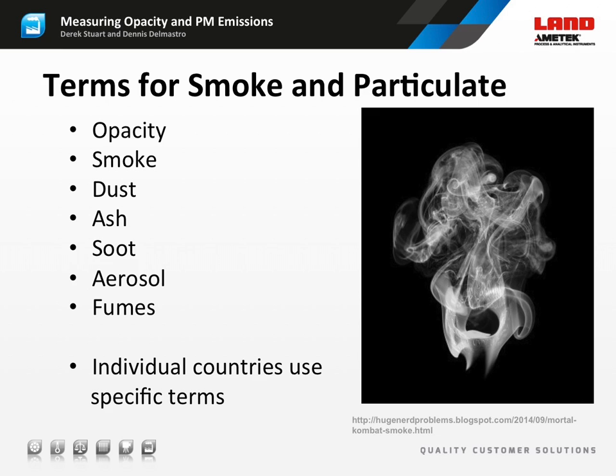Many different countries have written regulations around different terms, and considerable technical literature identifies combustion materials differently. Some general terms, which to a large extent are interchangeable, include opacity, smoke, dust, ash, soot, aerosols, and fumes. For this presentation, we will utilize the terms of opacity, particulate, and dust.